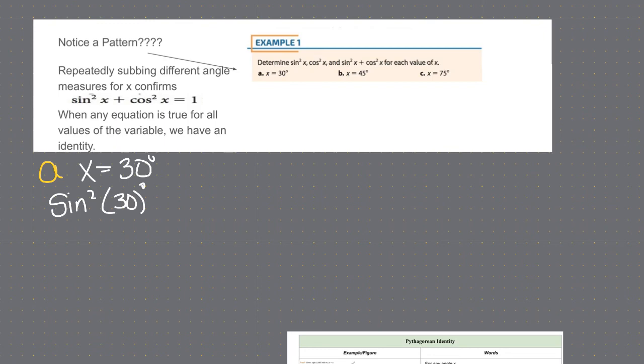So remember, when we put that in the calculator, that looks like sine of 30, squared. That's how you have to type it into your calculator. So parentheses, sine 30, squared, enter. And that gives you 0.25. So that's sine squared of 30.